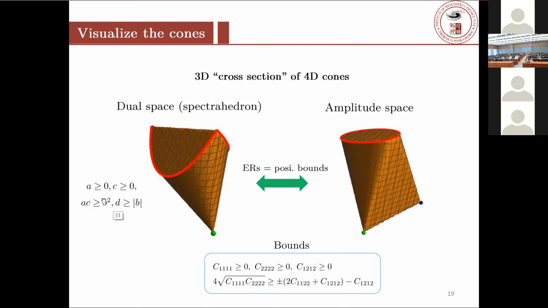To see that our statement that the extreme ray equals a positivity bound is true, we highlight the two kinds of extreme rays with red and green here. We especially note that these green vertices correspond to this phase, and these vertices correspond to this phase, and this curve corresponds to this phase. And these correspondences are exactly the duality of the two cones. So for us, it's enough to convert the bounds to the extreme rays.